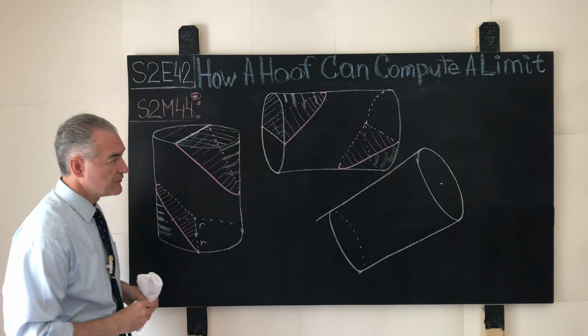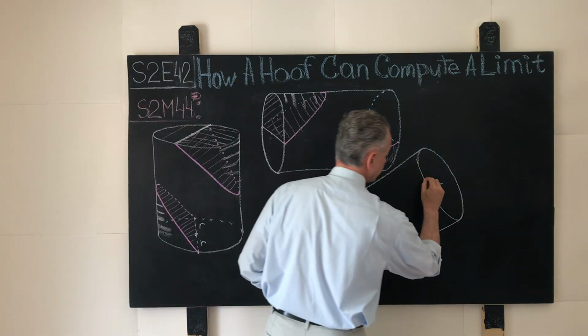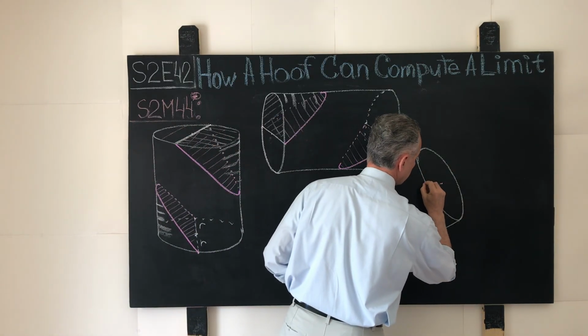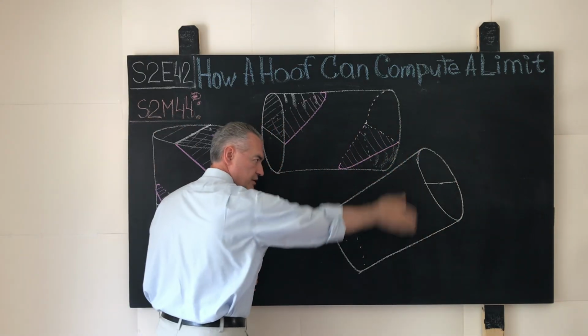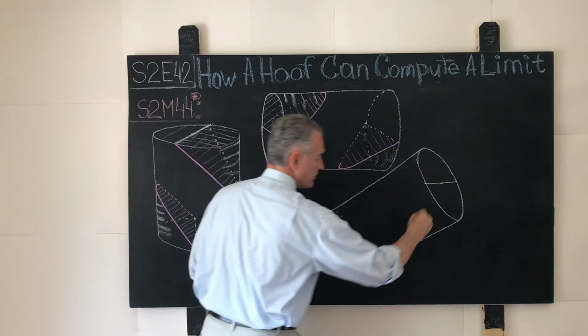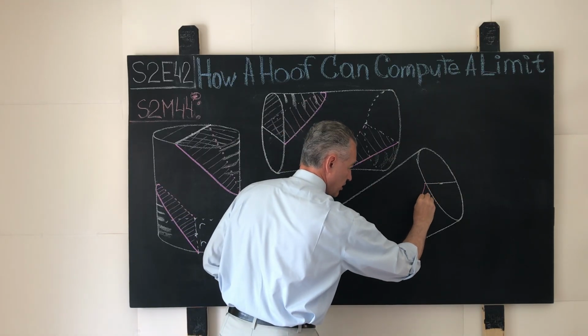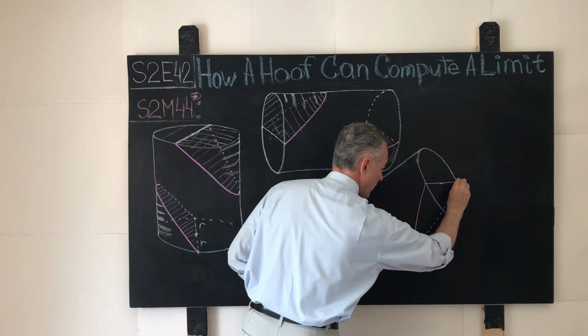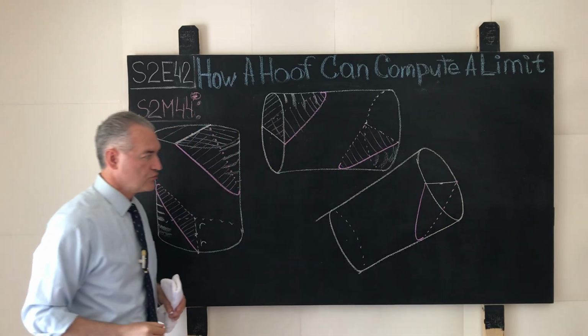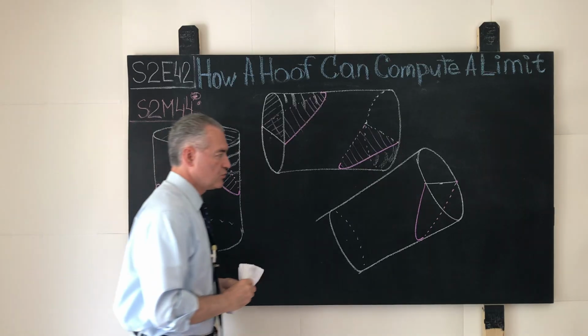So what do we do? Let's cut it along the top face like this. And then we chop off this part over here. So that means that the elliptic arc will run this way and terminate over here. You see, this is the hoof of Archimedes.